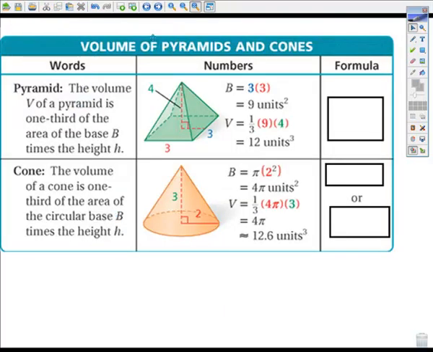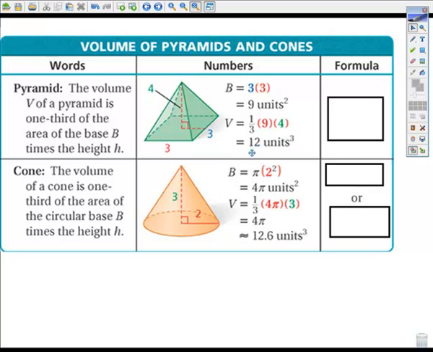Okay, so here we're going to go over the formulas for this. The volume of the pyramid is 1/3 of the area of the base, so the base shape, times the height. Here they're giving you an example. The base shape is a rectangle, or in this case actually a square, 3 by 3, so that's 9 square units. The volume is 1/3 of the base area times the height, and the height of the pyramid is 4.